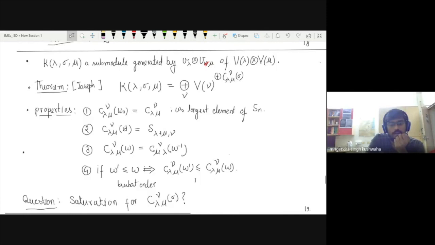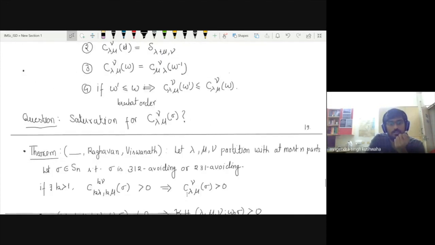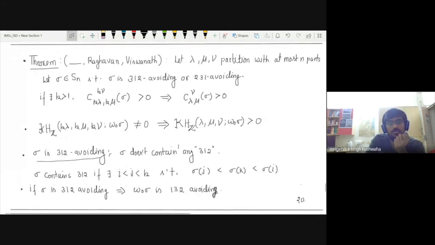Now we ask the question about a similar saturation conjecture. What is the saturation for this refined Littlewood-Richardson coefficient? We follow the approach of Knutson and Tao, what they have proved. So we are able to figure out this theorem, with exactly the same statement.